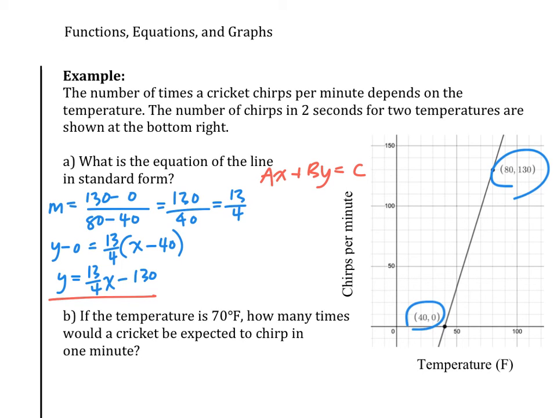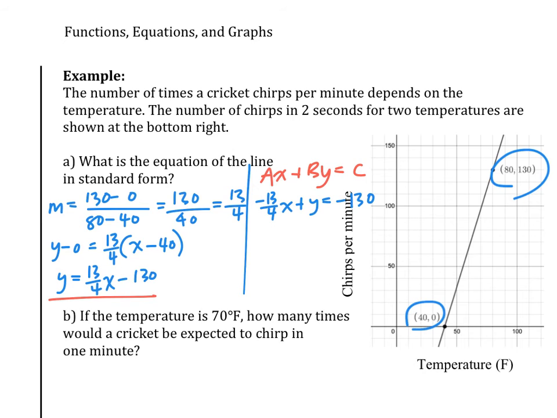So that means this x part has to go to the left. So we're going to subtract to move it to the left. Negative 13 over 4x plus y equals minus 130. Oh, sorry about that. Very messy there.